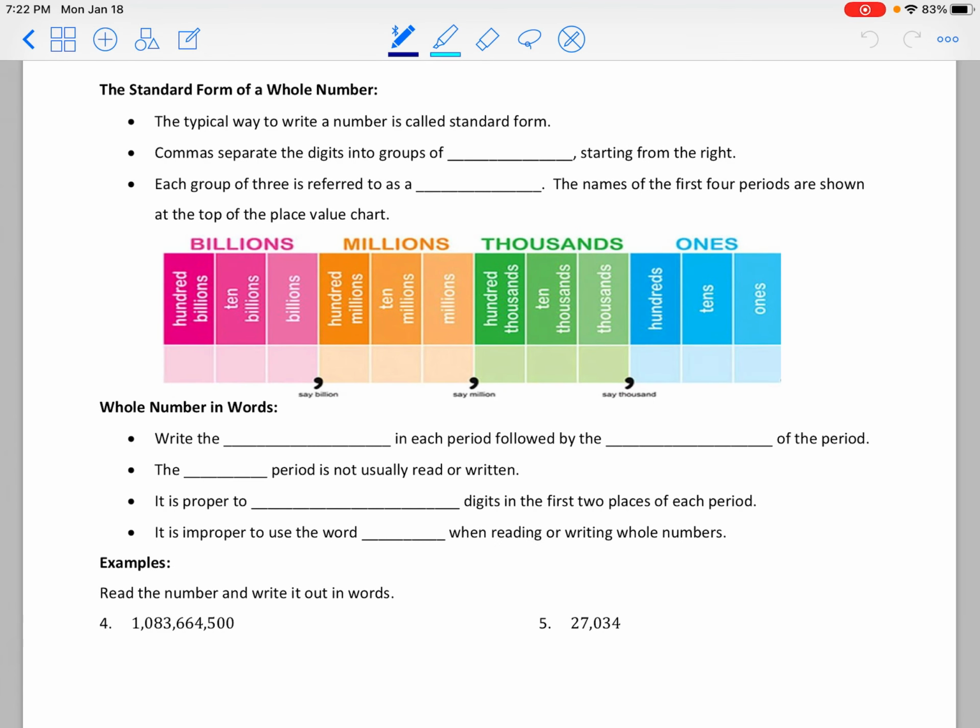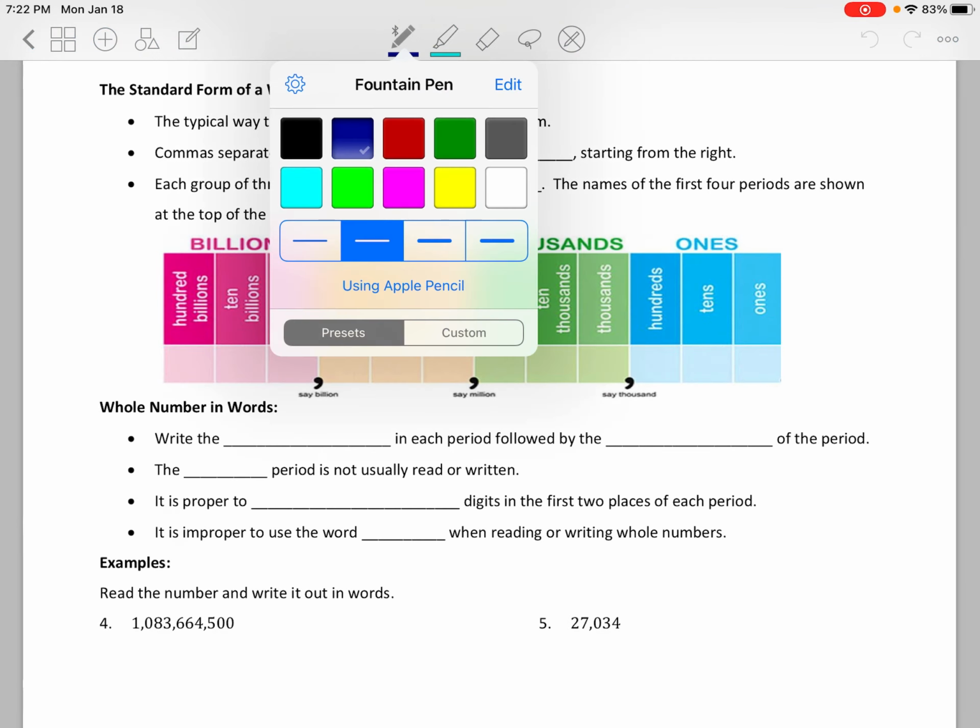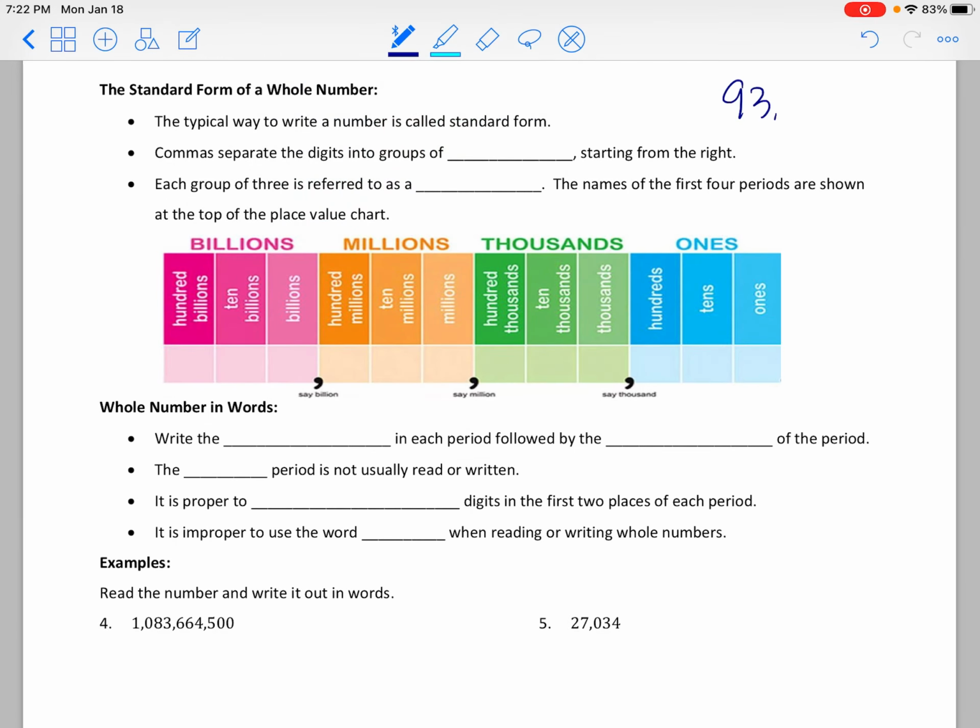Okay? So place value, and then let's see, the standard form for a whole number. That's just the typical way we write a number. So numbers we were just looking at, like 93,000 something. This is the typical way we write a number. We put a comma every 3 digits, just normal writing of numbers. We call that standard form, okay? The commas, again, they're separating digits into groups of 3, starting from the right. And each of those groups is referred to as a period.